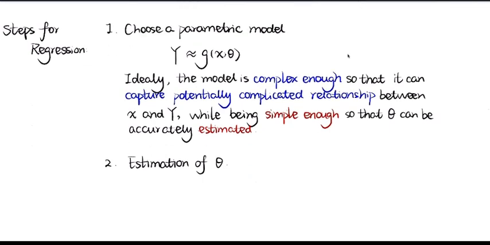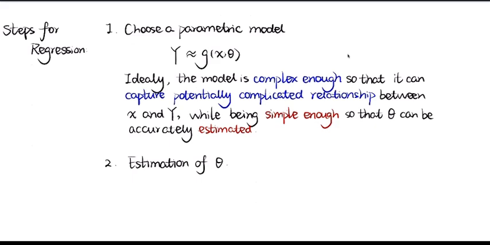Number one, you need to choose a parametric model. Am I going to choose linear? Quadratic? Exponential? What is going to guide you in choosing a reasonable parametric model is the scatter plot you have constructed. Does that make sense? That's going to give you the sense of that.